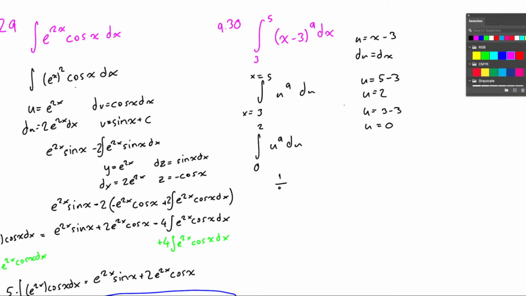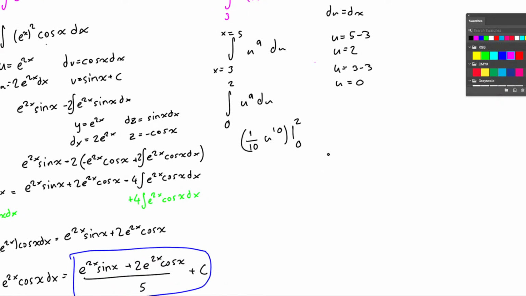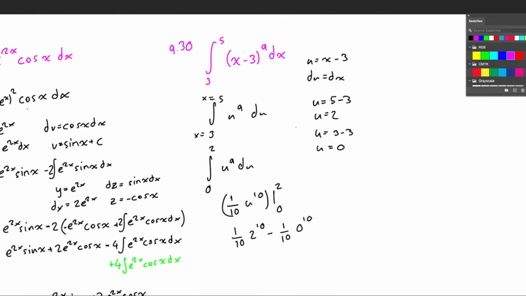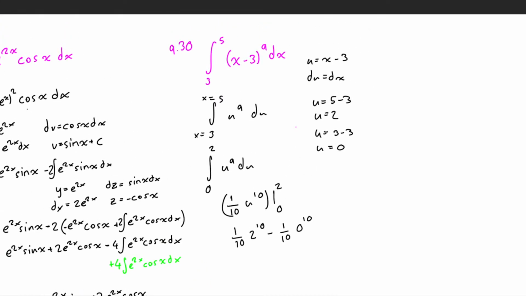That becomes 1/10 u to the 10 from 0 to 2. Yes, sir. 1/10 times 2 to the power of 10 minus 1/10 times 0 to the power of 10. Is this correct? What's 2 to the power of 10?